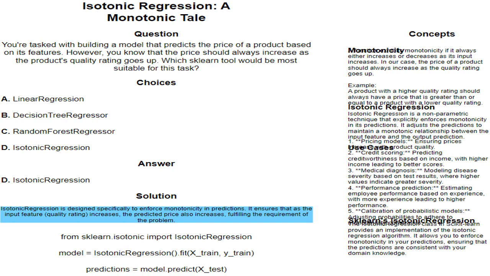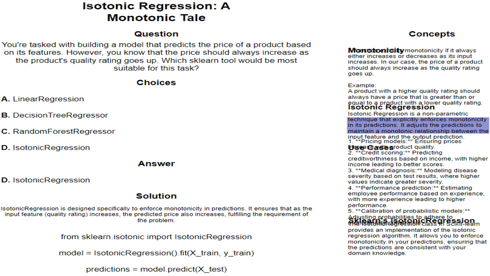A function exhibits monotonicity if it always either increases or decreases as its input increases. In our case, the price of a product should always increase as the quality rating goes up. Example: a product with a higher quality rating should always have a price that is greater than or equal to a product with a lower quality rating.